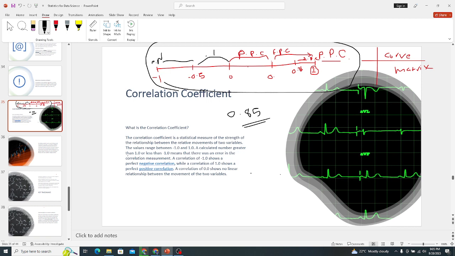Why? Because it shows that 85% of your variables have a relationship. They have almost the same relationship. So that's basically what it means.